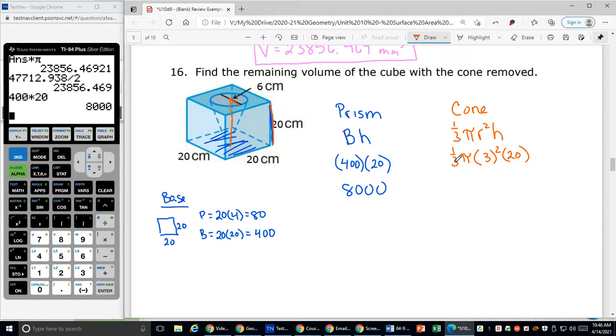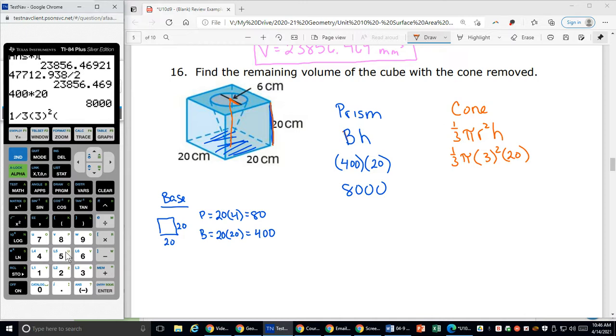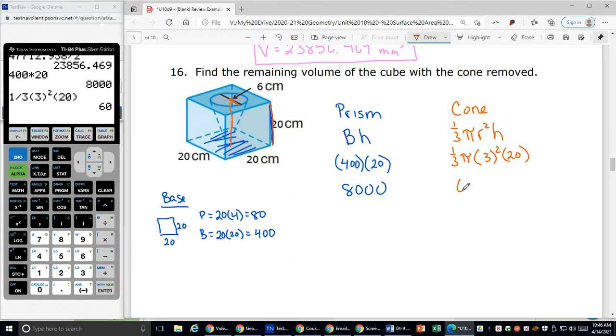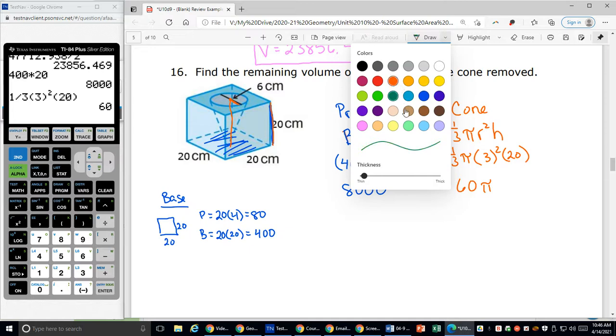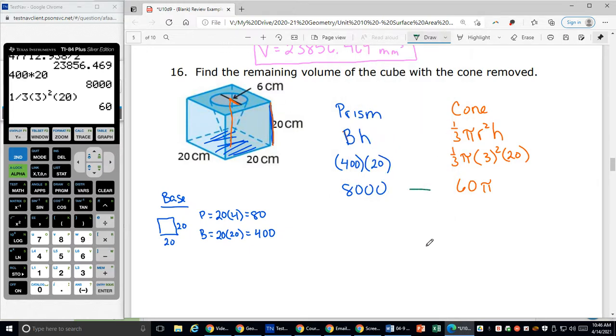Okay, so I'm going to do 1/3 times 3 squared times 20. Notice I did not put in the pi. So 60 pi.